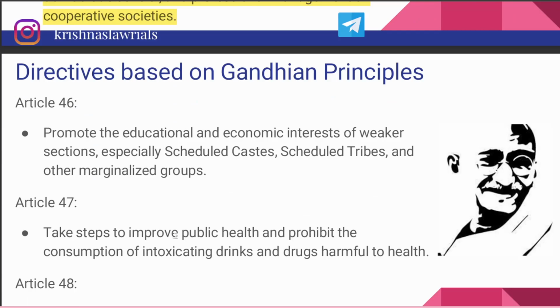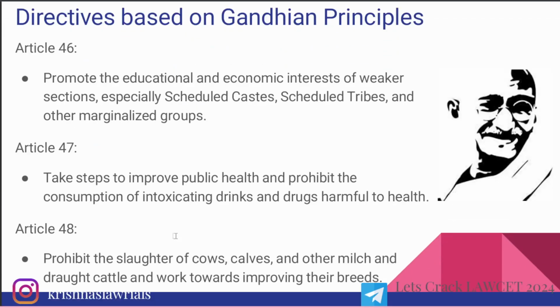And we need to promote that. Under Article 46, it says promote the education and economic interests of weaker sections, especially Scheduled Castes and Scheduled Tribes and other marginalized groups. So like minorities or someone who is poor, we should promote their education and their economic interests.